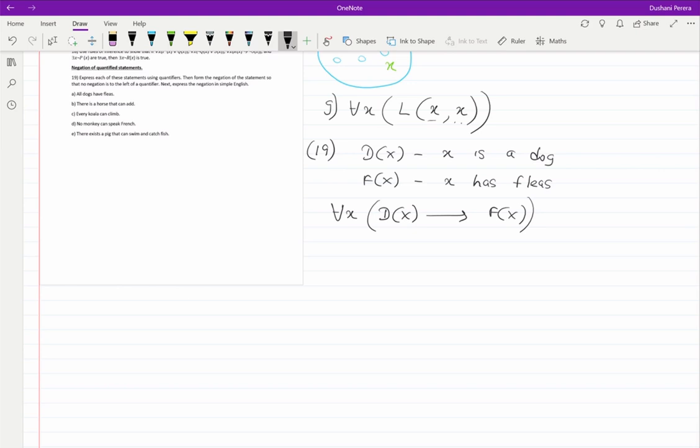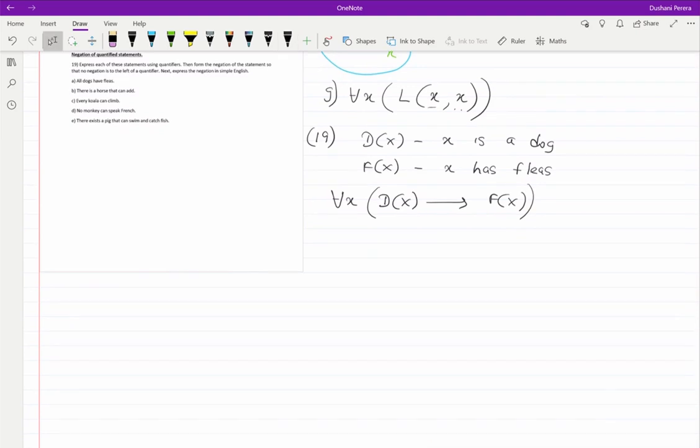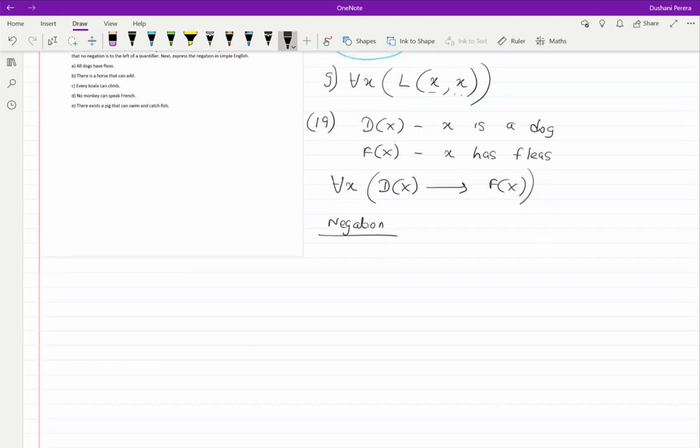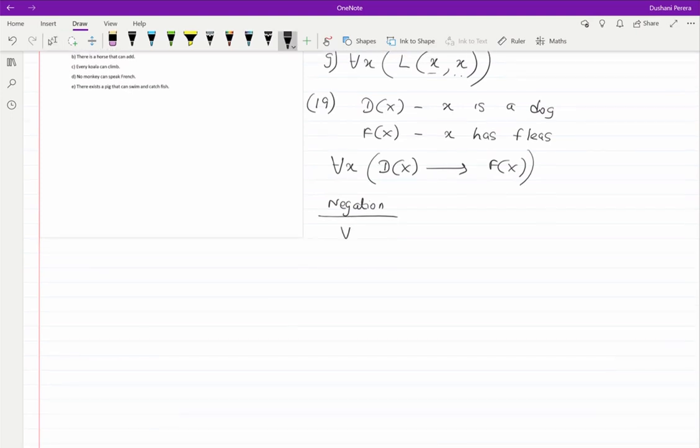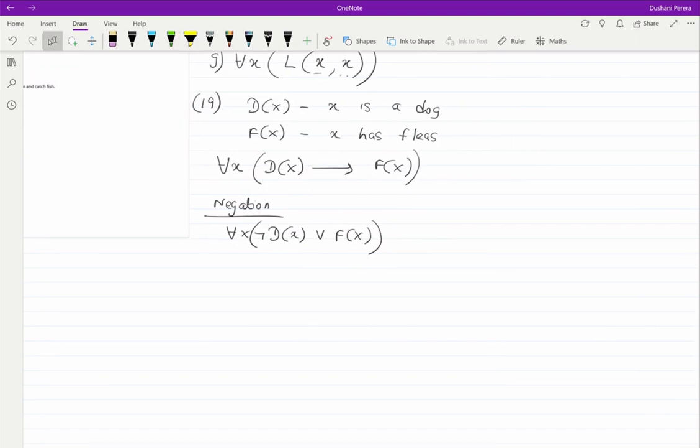Now to take the negation of this, let's first convert this into the form that we are used to. So I converted this implication to the format that we are used to. If I am to remind you about it, P implies Q can be converted to negation P or Q. So this is what we used here.